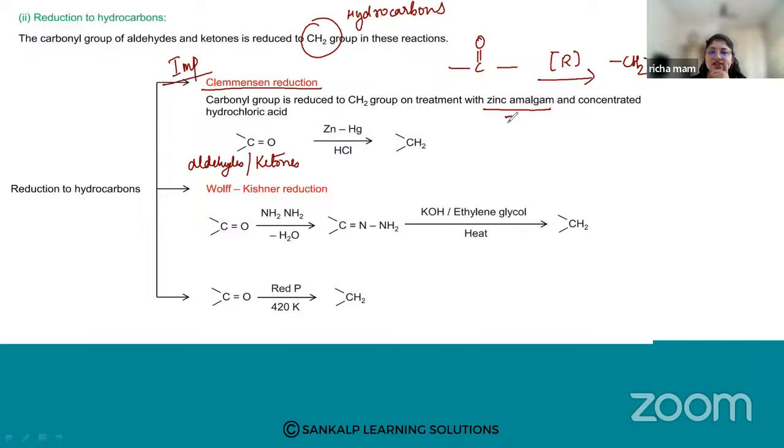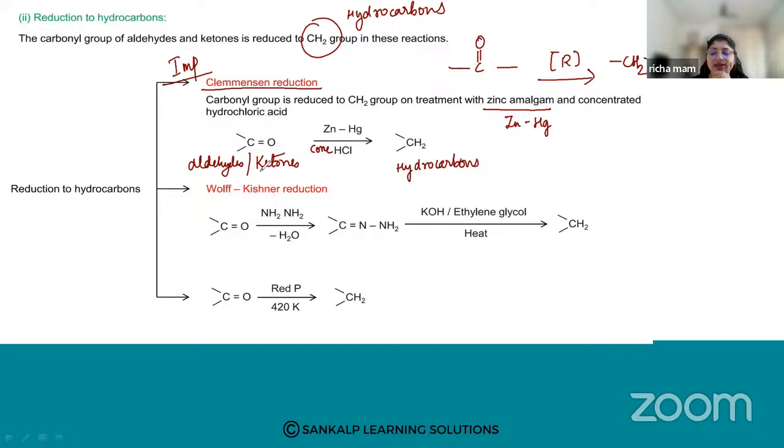What is ZnHg? ZnHg is zinc amalgam, in the presence of concentrated HCl. In the presence of concentrated HCl, we are going to get hydrocarbons.